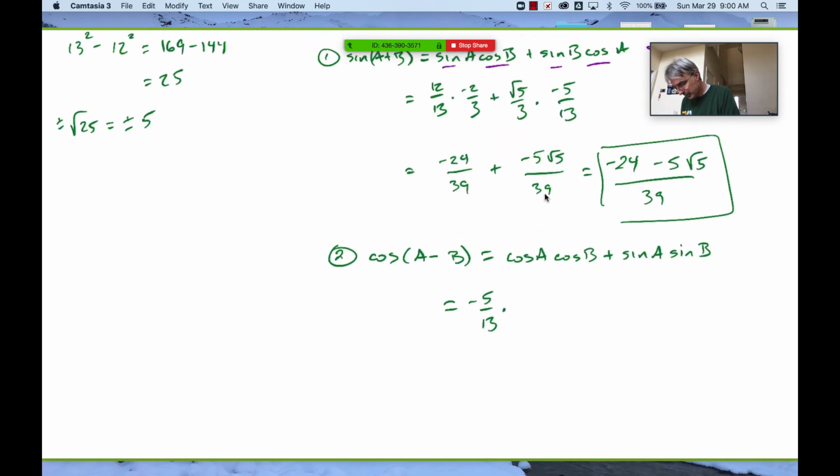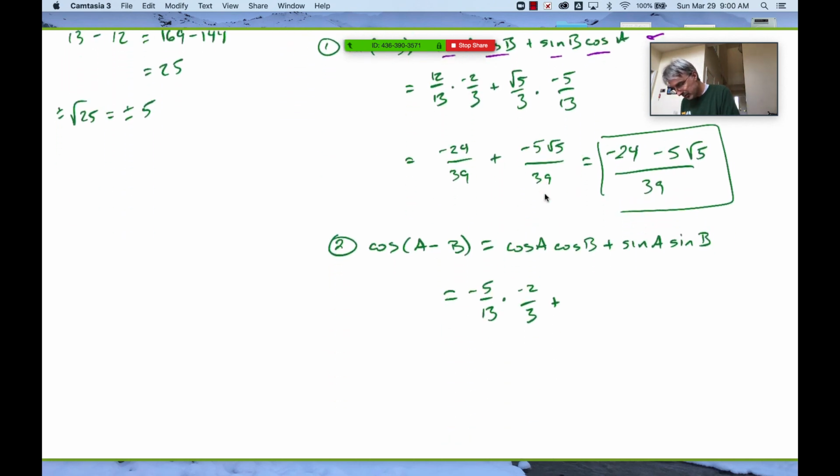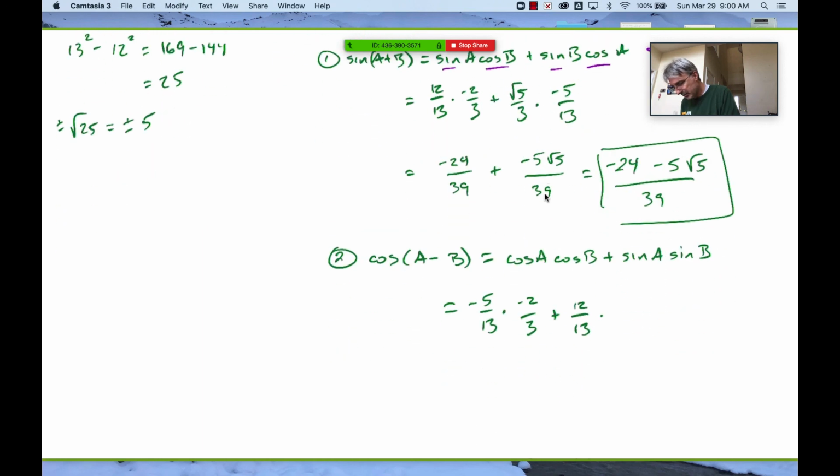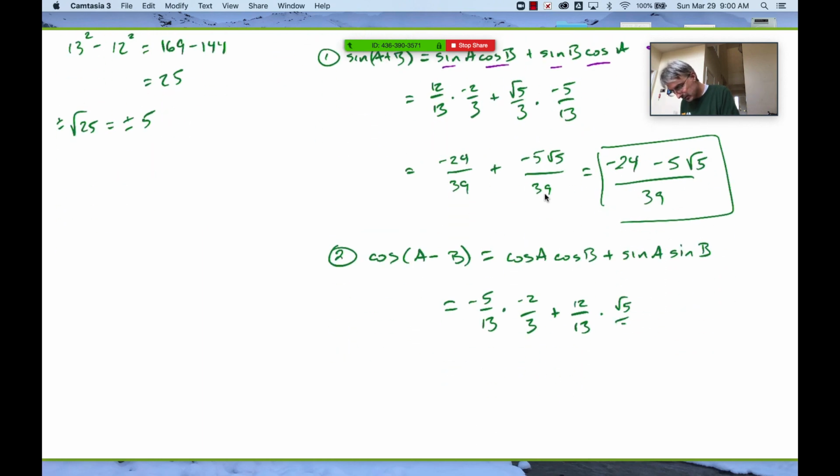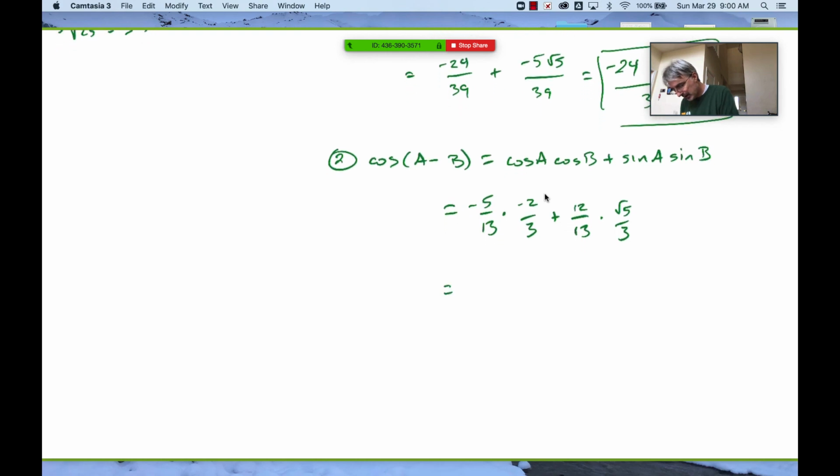Cosine B, negative 2 over 3. Sine A, 12 over 13. And then sine B, root 5 over 3. And then I'll simplify.